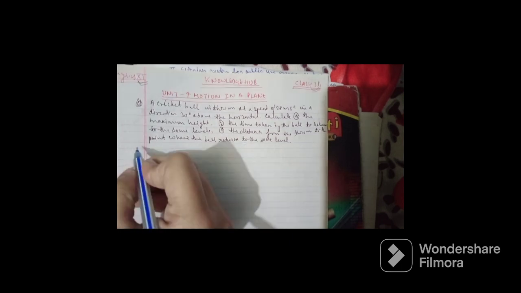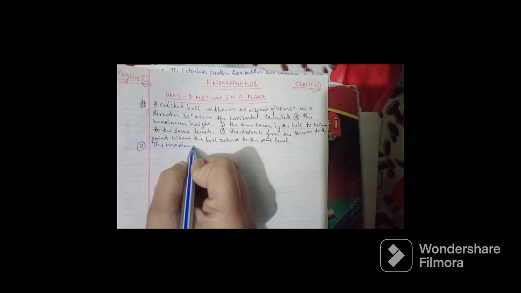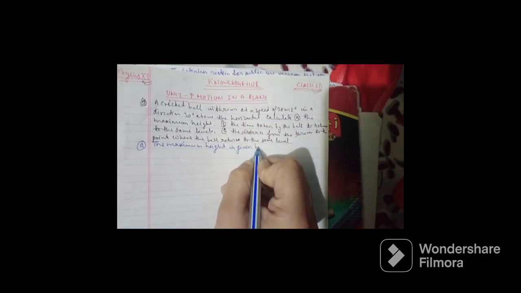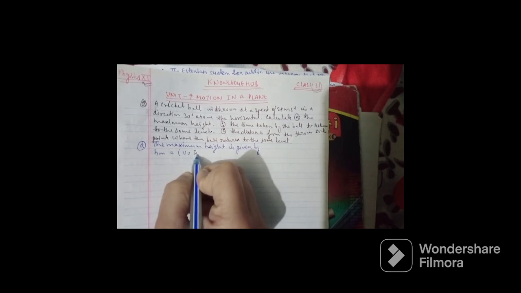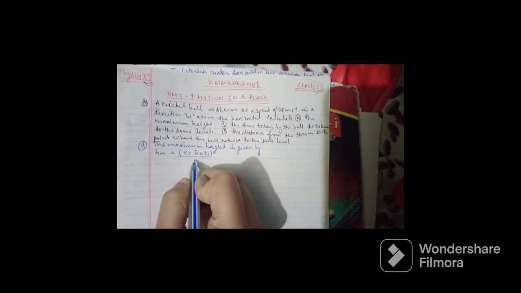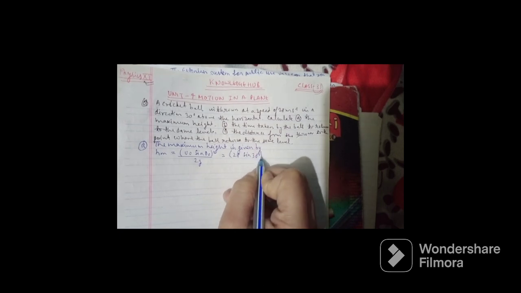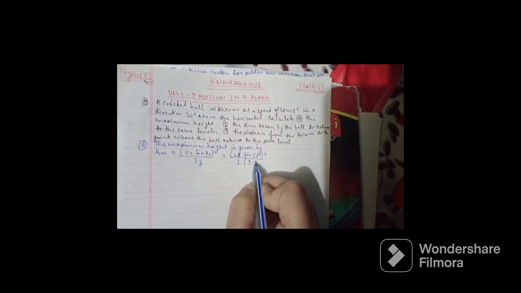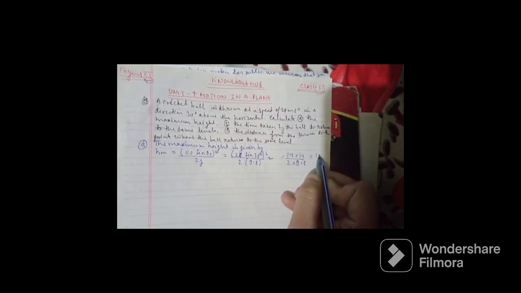So for the first part, the maximum height is given by HM equals V naught sine theta naught square upon 2g, which is equals to 28 sine 30 degree square upon 2 into 9.8 meter, equals 14 into 14 upon 2 into 9.8, that is 10 meter.